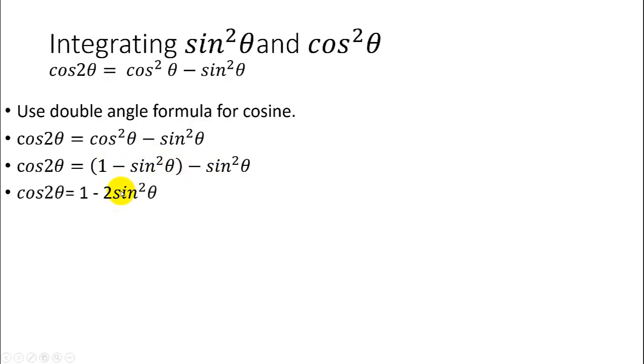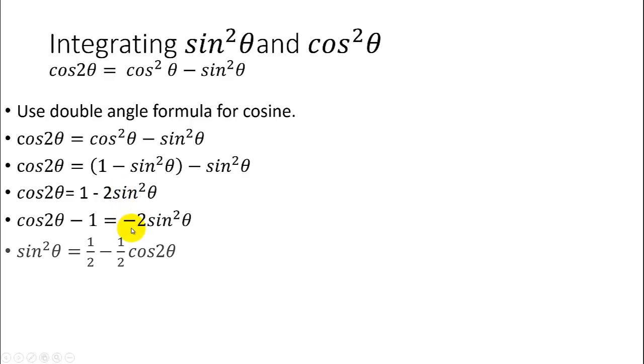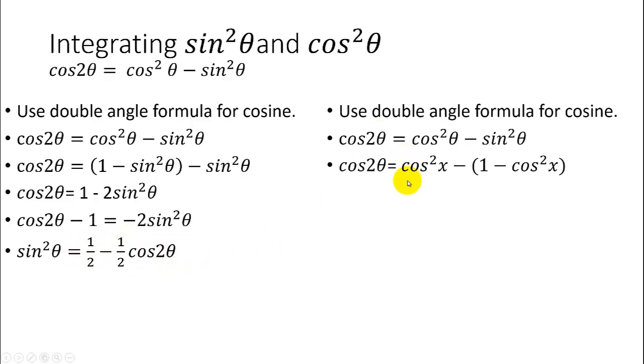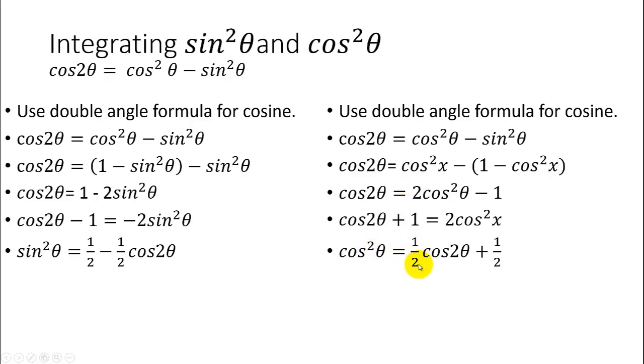That's 2 sine squared, minus 1, and divide by negative 2. Sine squared is 1/2 minus 1/2 cosine 2 theta. Well, instead of integrating sine squared, we can integrate its equivalent. And we can do the same thing for cosine squared. So cosine squared is equal to 1/2 cosine 2 theta plus 1/2.